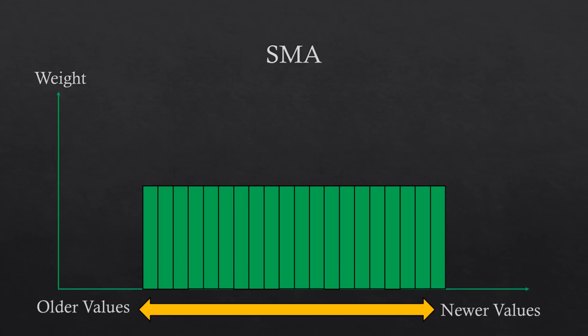The x-axis represents the values in the series, and the y-axis represents the weight or importance that each value has in the calculation. Notice that all bars have the same height. That means that in an SMA, the oldest value of the rolling calculation window is as important as the newest value. However, if we think about this for a moment, we'll see that the SMA doesn't make much sense.